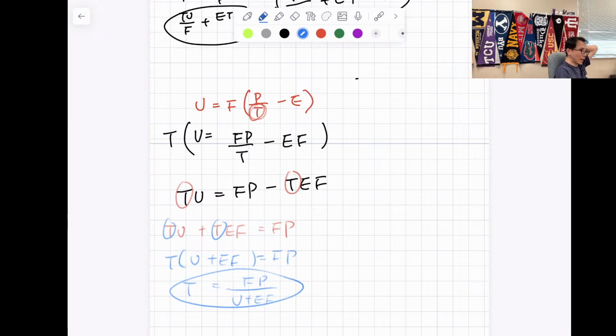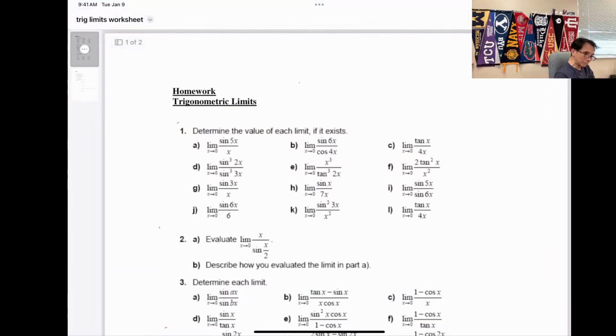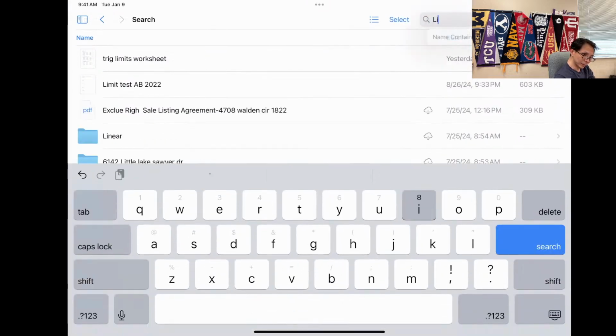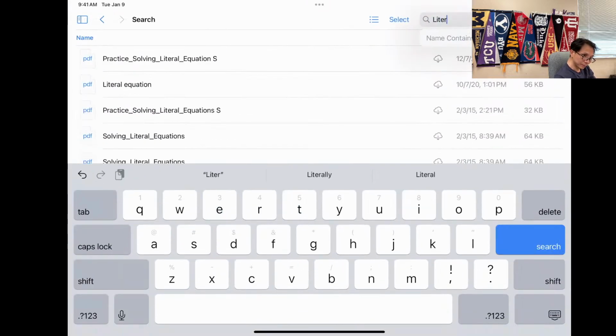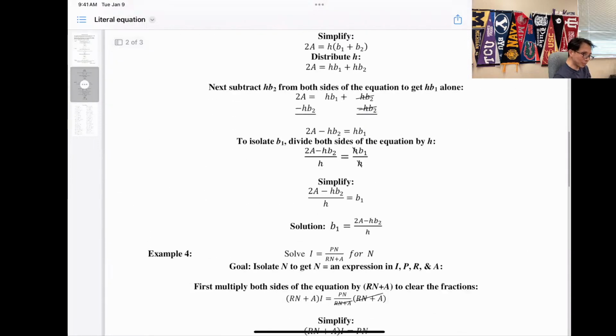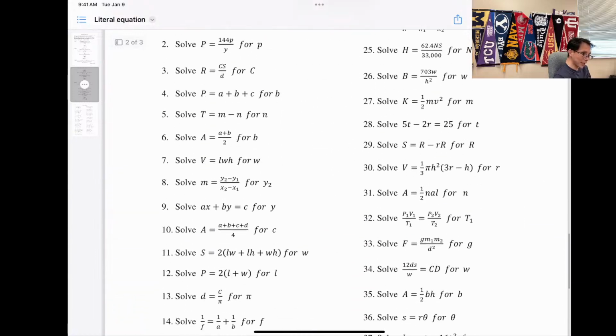You guys are going to have homework to practice, or I'm going to issue homework right now. I promise this homework looks like a lot, but it's actually not as bad as you think. There's actually an example of how to do the problem if you still don't understand what I say.